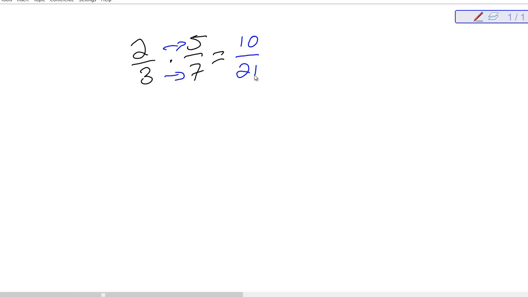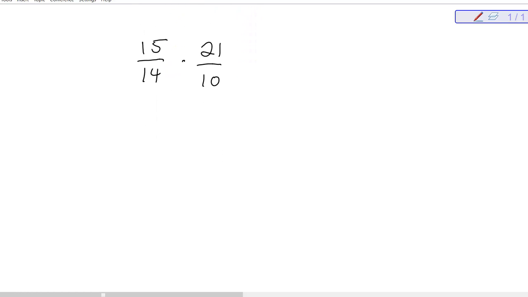Now then, there are times when I can simplify, such as if I start out with 15/14 times 21/10. There's a couple of ways I can simplify this particular problem.